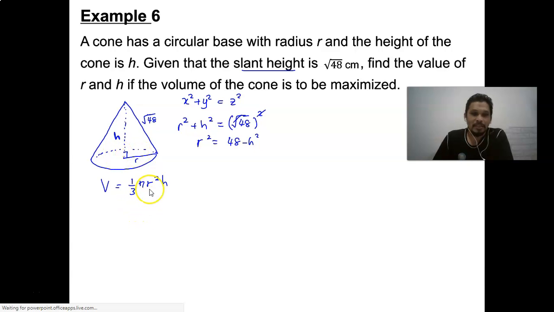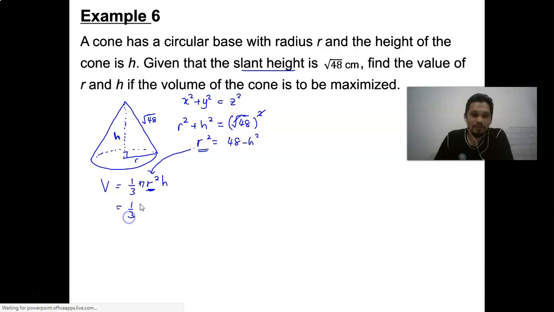Okay, so look at this one, r square, and we also have r square here. So let's substitute the equation of r square, 48 minus h square, into this r square.